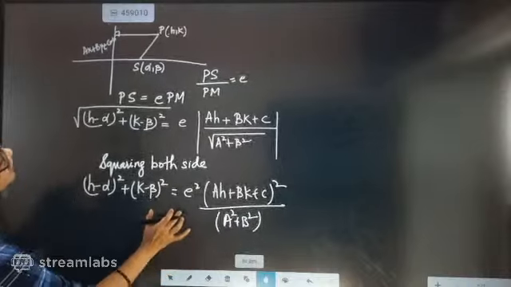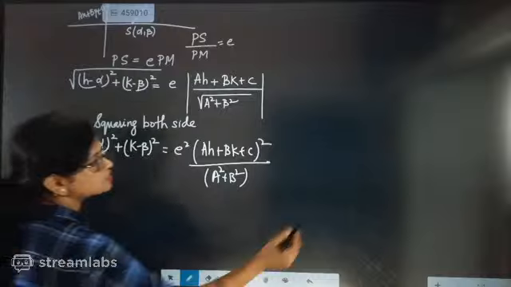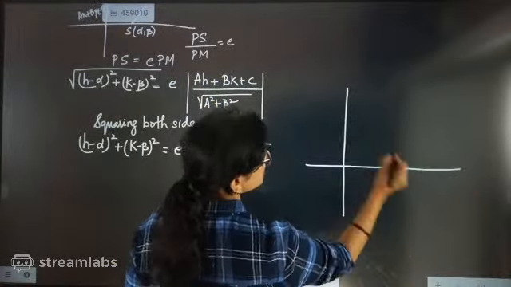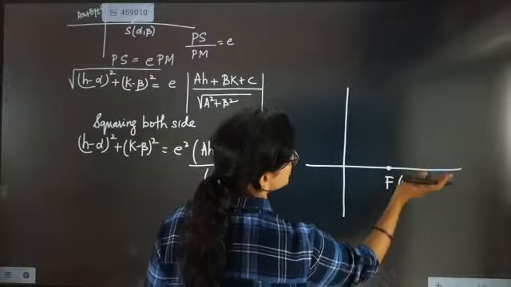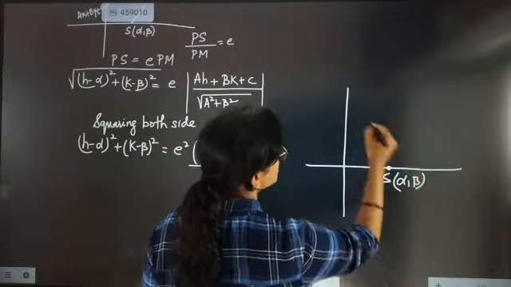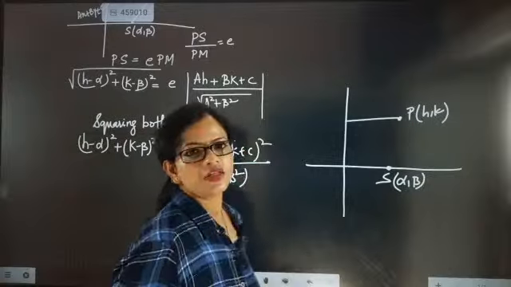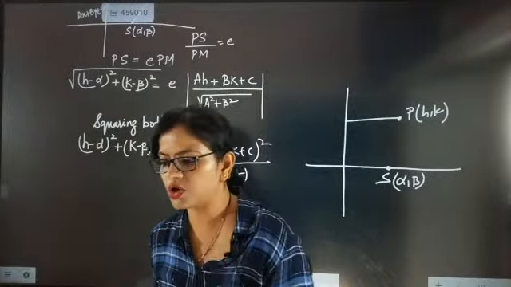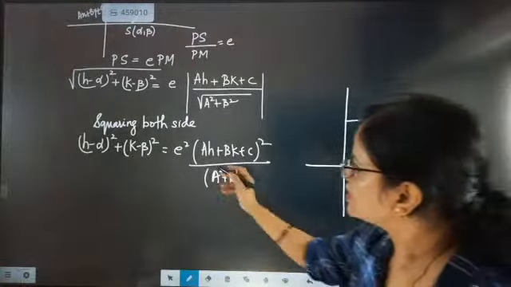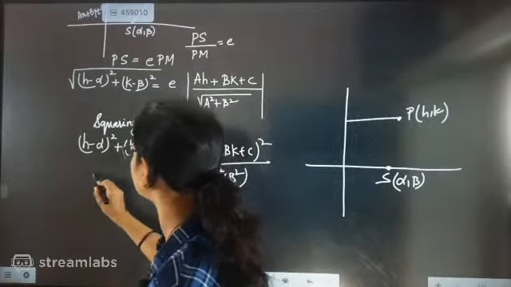Now the most important point here is the locus. This is the axis which is passing through the focus, the point S, and this is the point P. If we take the locus of this point P, we take it as x, y. So wherever h is there, it gets converted to x, and k to y.